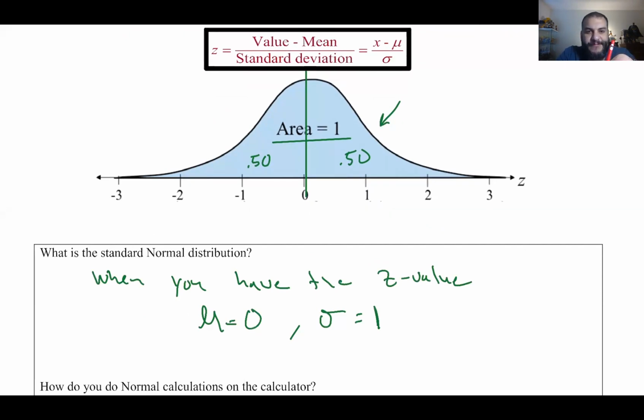So one definition that you should definitely know: if you have a standard normal distribution, that means you have the z-value, and that means the mean and the standard deviation are 0 and 1 respectively. Any question in regard to that so far?